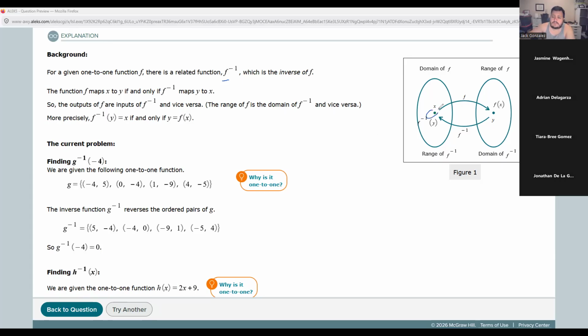It takes an input x from the domain and sends it to a y value in the range. If you plug in an x, you get a y back. And that's what a function does. So the inverse will take the output and bring you back. The inverse will undo whatever the function did.